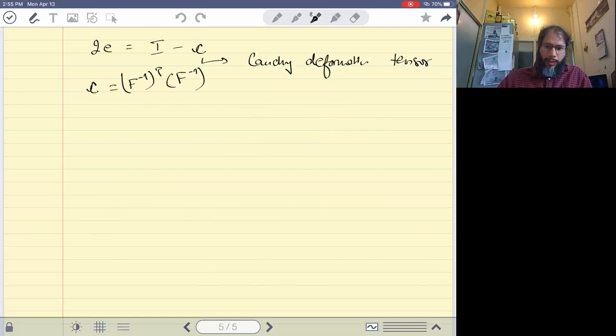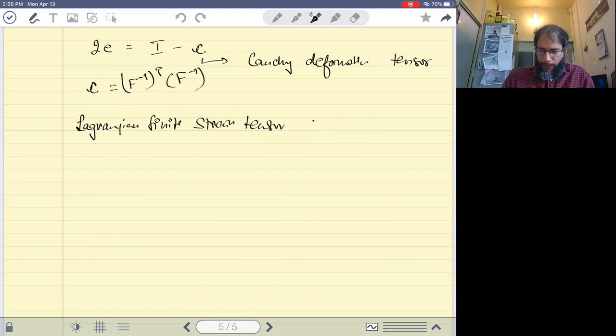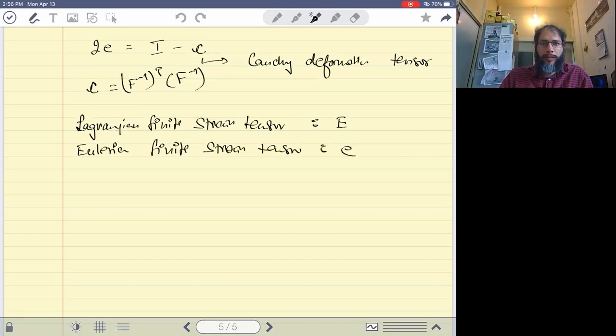So what we have done is a quick summary of what we have done till now. We have defined two strain tensors. One is called the Lagrangian finite strain tensor, which is E, and the other is the Eulerian strain tensor, which is small e.